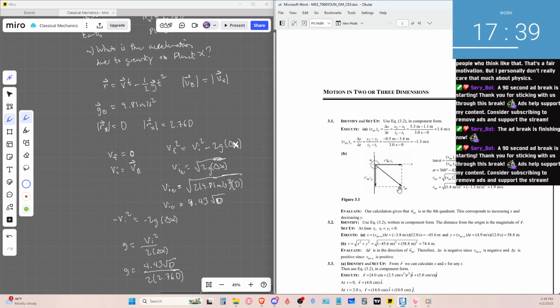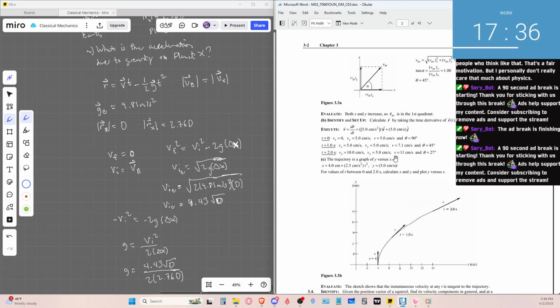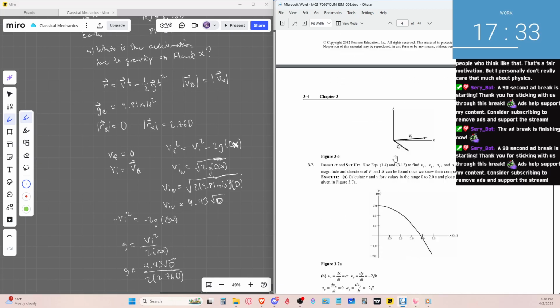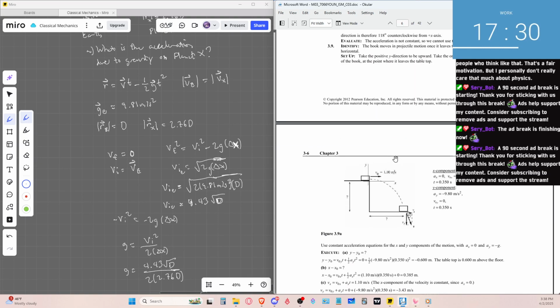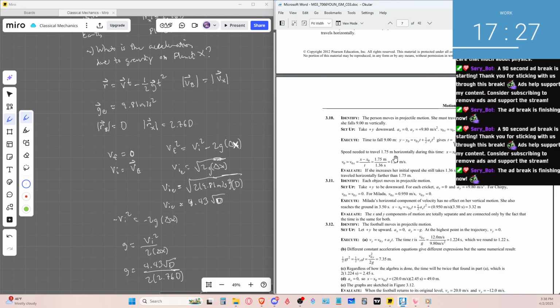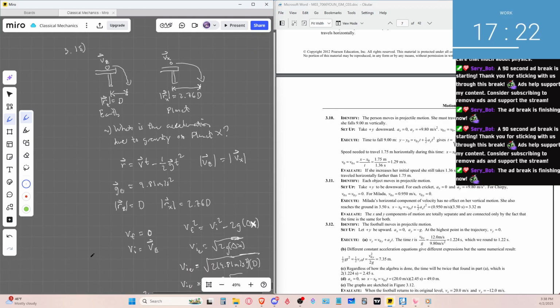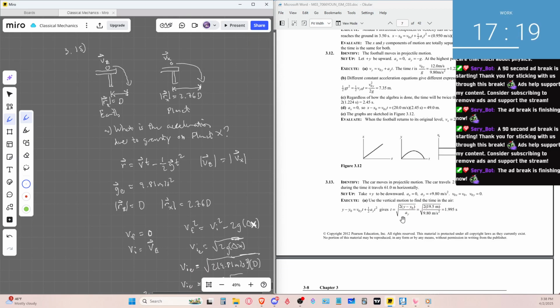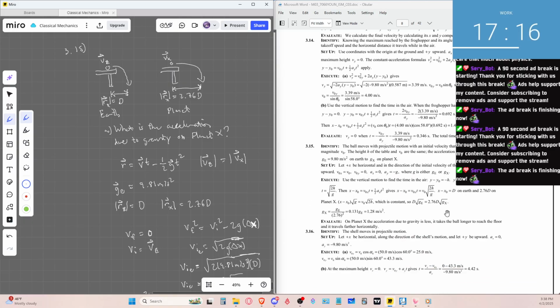Let's see how they did it in here. I probably got it wrong, so let's see what I missed. I probably did miss what I thought I did. This is number 3.15. Let's see, here we go. The ball moves, projectile motion.